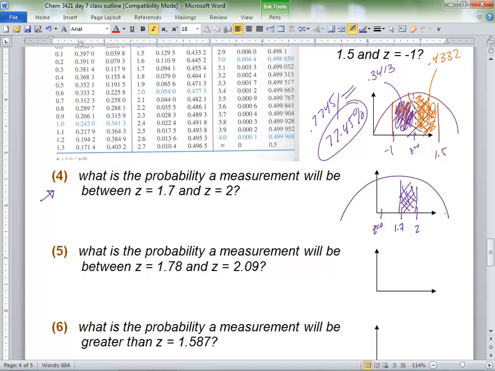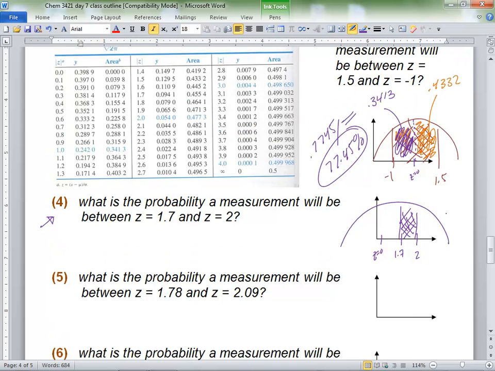That's exactly the logic you have to follow. She said, find the area between z equals 0 and 2, subtract out the area from z equals 0 to 1.7, and you'll have it. Exactly right. So do that. Look up z equals 2 and subtract out the area for z equals 1.7.